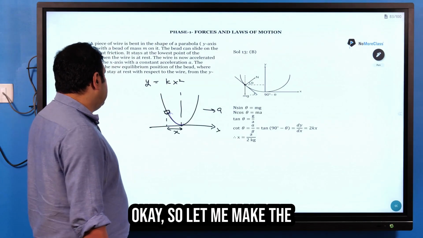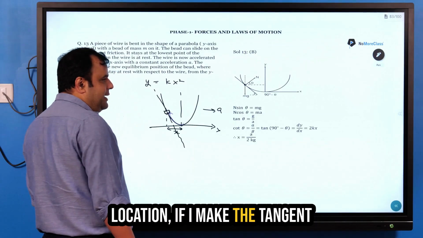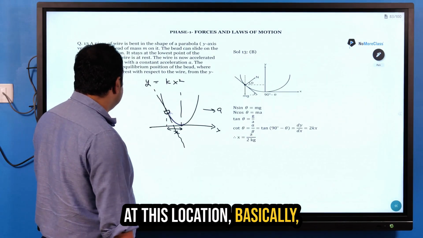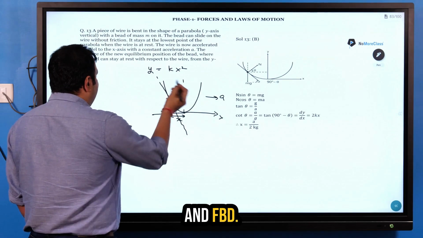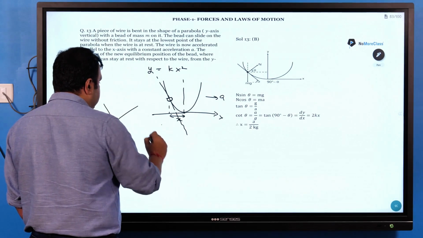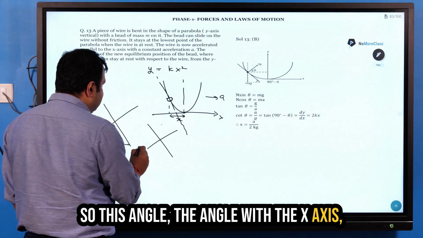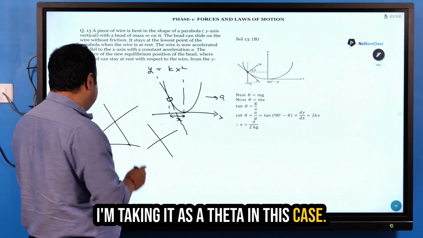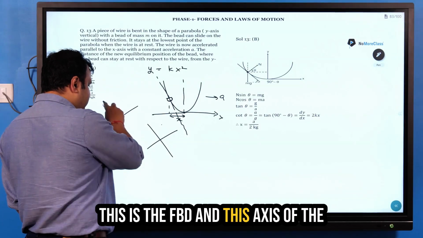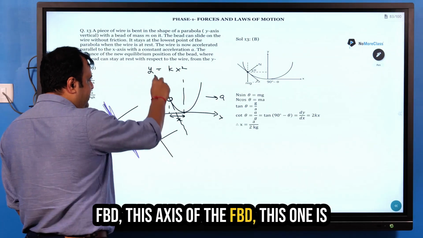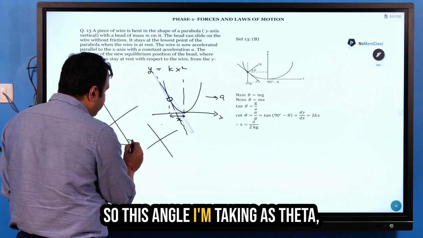Okay. So let me make the tangent at this location, and make an FBD here. The angle with the x-axis, I'm taking it as theta. This is the coordinate system, this is the FBD, and this axis of the FBD is along the tangent at a general point.